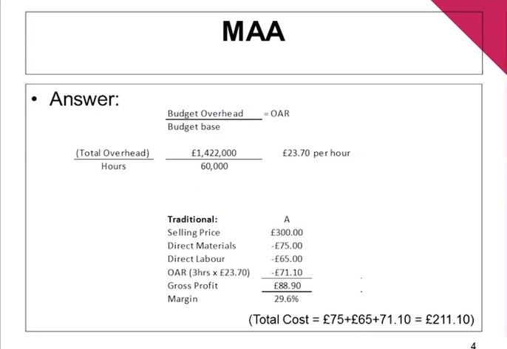So in terms of the answer, the only thing we really need to calculate is the overhead absorption rate based on what you'll see in your textbooks as a traditional basis. It's incredibly straightforward and simple, and because we're using labour hours, it allows overhead absorption to be attributable to your products, not as a flat rate, but in relation to how long it takes your workforce to make the item.